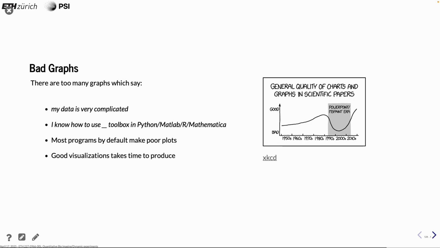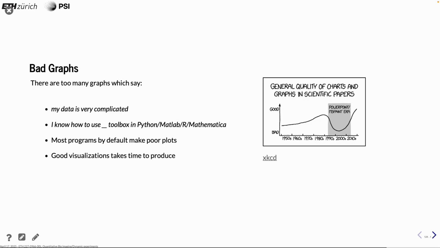Also, what you can assume is that most programs make poor plots out of the box. You always need to tweak them somehow. And if you want to make a good plot, you have to spend time on it. There's no way around it. And this is something that's actually captured here, the PowerPoint MS Paint era.